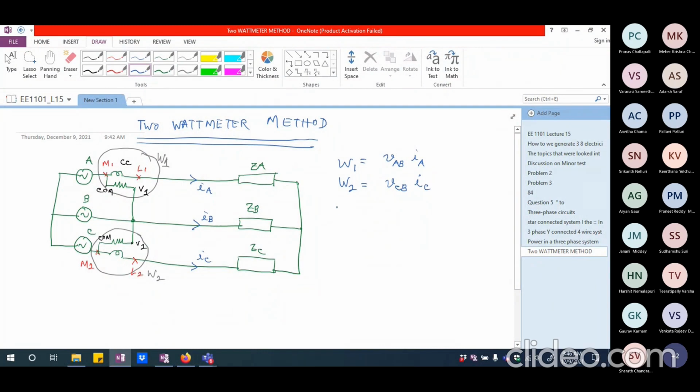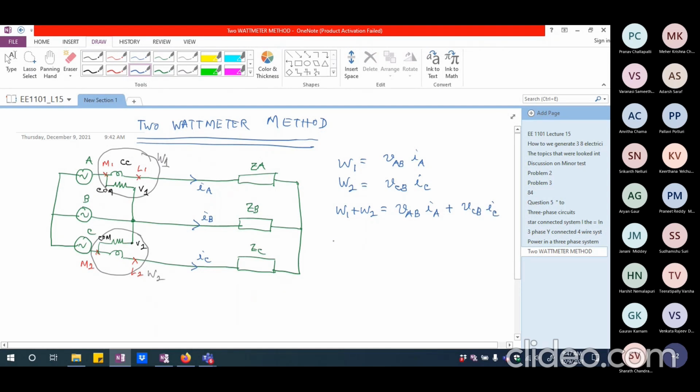Okay. Now if I try to look at what is W1 plus W2, I should be able to write this as VAB multiplied by IA plus VCB multiplied by IC. This is what I'm going to get.